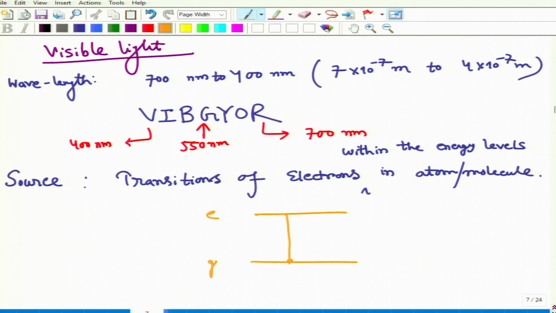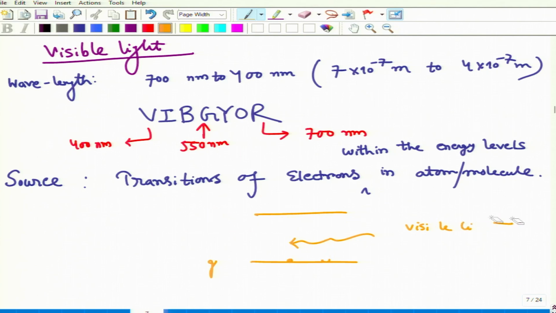If one electron is excited from the ground level to the excited state, then what happens? It accepts the photon, and if it de-excites, then it will emit a photon, and the wavelength of this photon actually remains in the range of visible light.